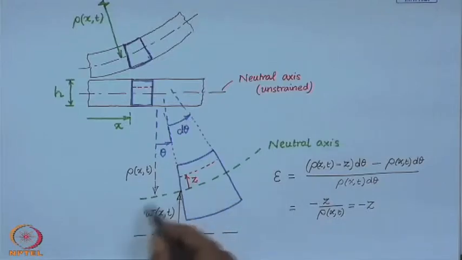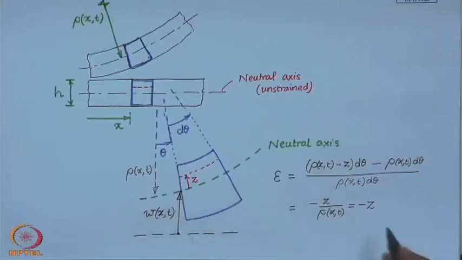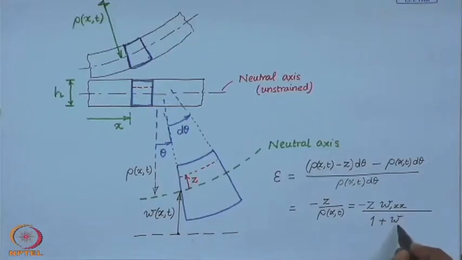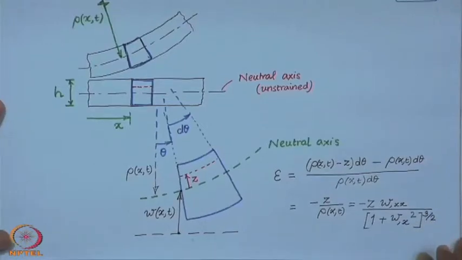So, in terms of the equation of this curve, the curvature, as you know, can be written as the double derivative with respect to x of w divided by 1 plus (del w del x) whole square, raised to power 3 over 2.